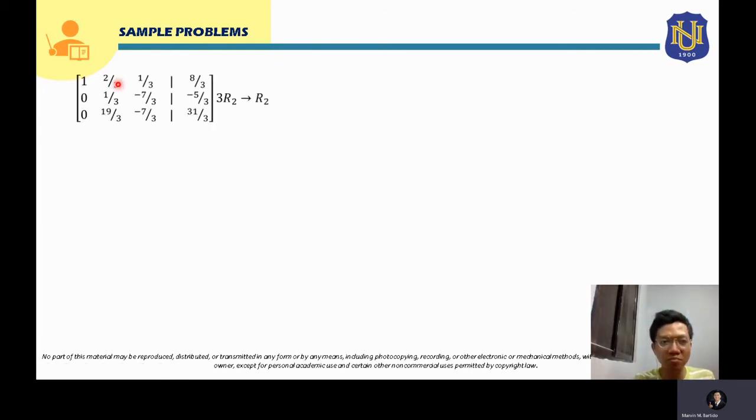So from the new augmented matrix here, as we can see, these are already 0. So our goal is that this 19/3 should also become 0. So we can do that by normalizing our second row first.